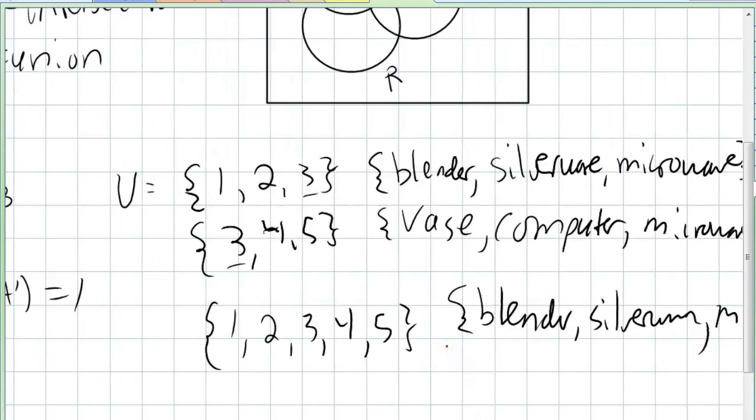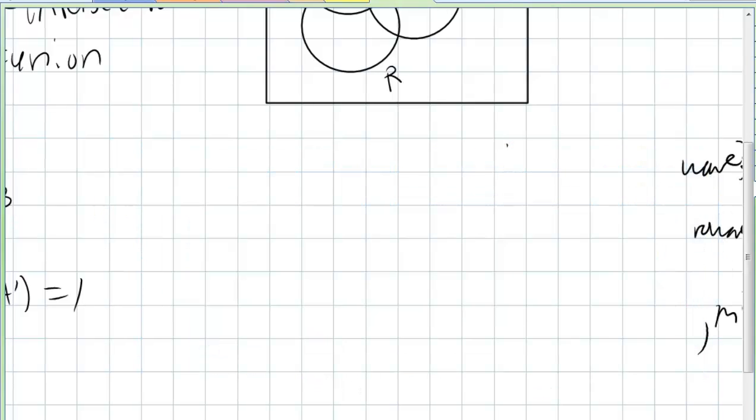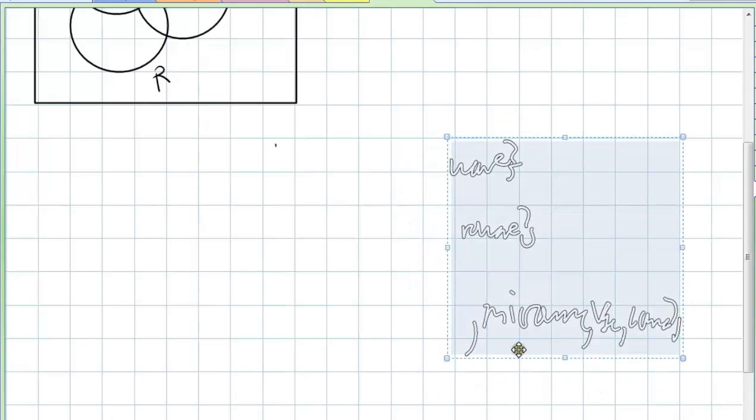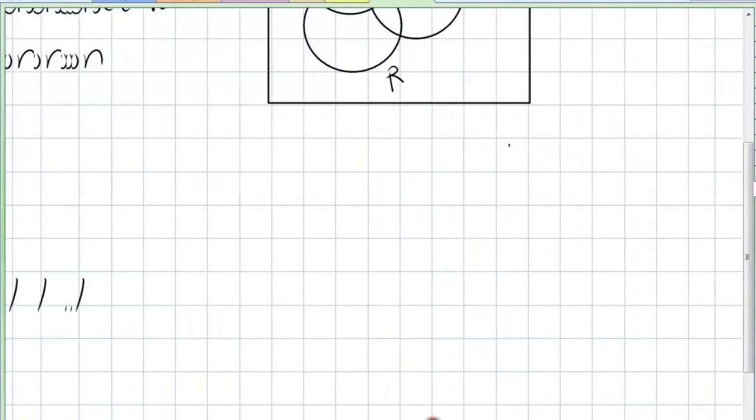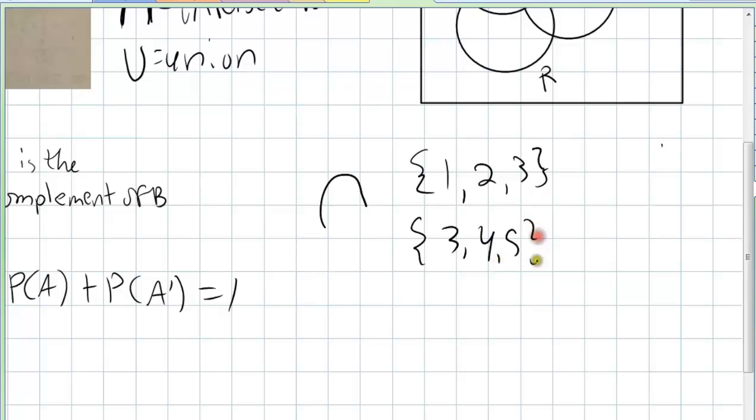An intersection, though, is much different, okay? It's very different. If you have trouble remembering what the symbols look like, just know that union looks like a giant U, and the other one is intersection. When I'm talking about an intersection, and we go back to our sets of numbers 1, 2, and 3, and 3, 4, and 5, an intersection of these two sets would only be the number 3.